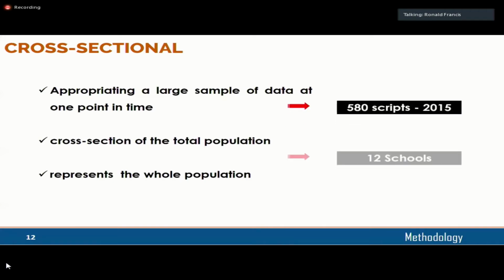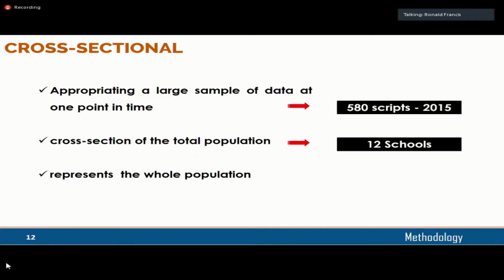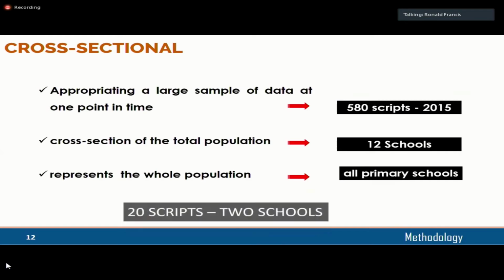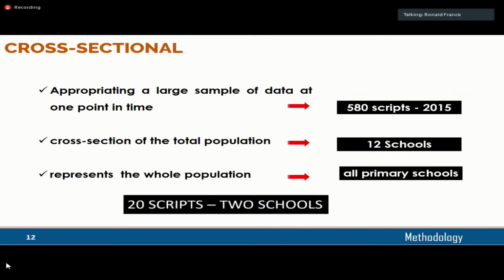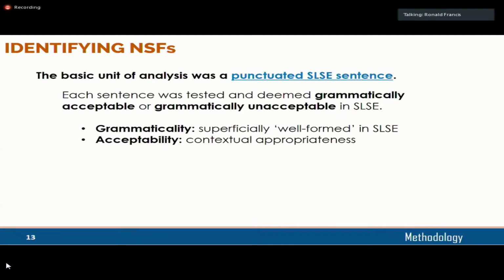I collected a large sample of data, which is 580 scripts in 2015, from the actual common entrance exam. I collected from 12 schools in districts. They were randomly selected, districts all over St. Lucia, and it's a cross-section that represents the entire population, which is basically all primary schools. I'm looking at 20 scripts, which is a combination of scripts from 2 schools for this paper specifically.